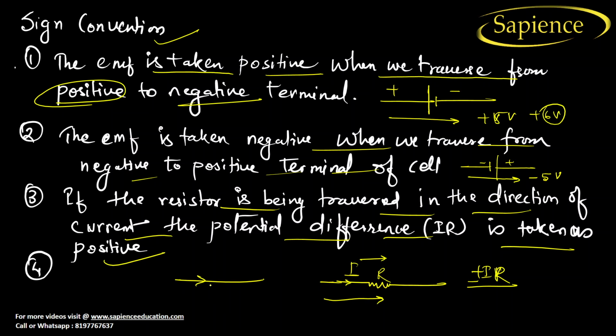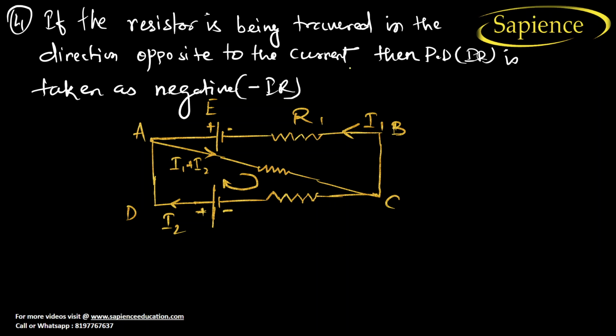If current is going like this and the resistor is there, but you are going in the opposite direction of the current, it will be negative of IR. So this is the way to use this. If the resistor is being traversed in the direction opposite to the current, then potential difference IR is taken as negative. See how simple it is.